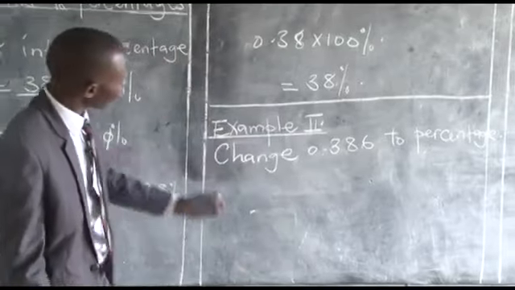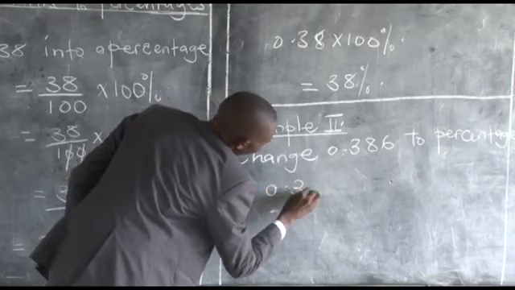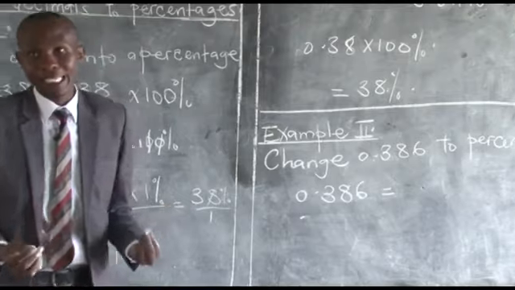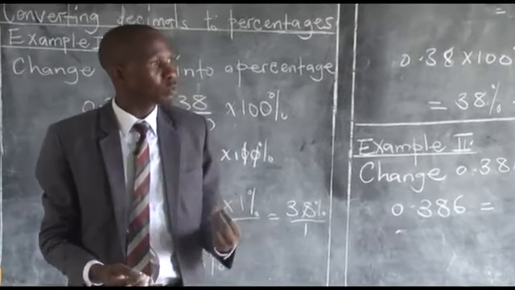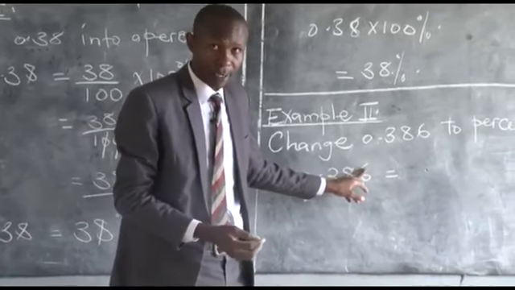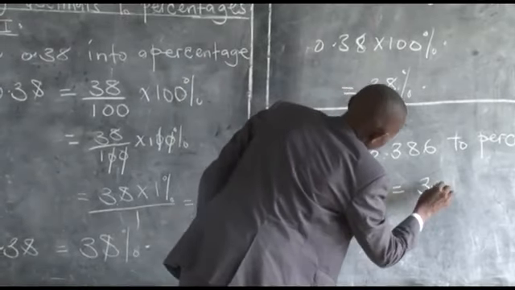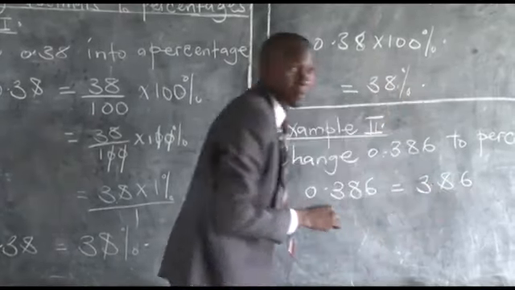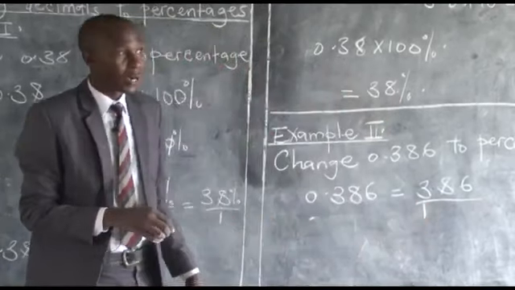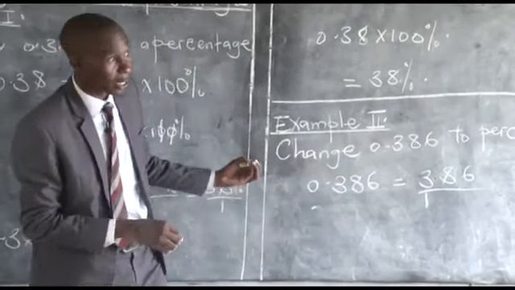Now when you look at this number, 0.386, how many decimal places is it having? We have to count them: 1, 2, 3. So I'll get the whole of my number, which will be 386, divided by 1. After dividing by 1, I'll consider the number of decimal places that we are having. How many are they?